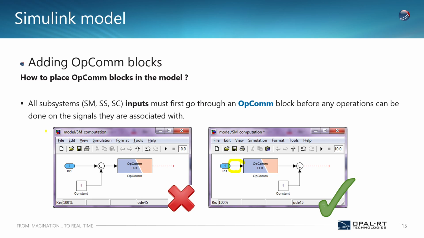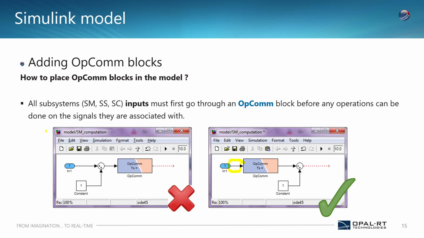For all subsystems, SM, SS, SC, I think you have an idea about this. If you don't, you can check my video on my channel; I have a detailed video on the naming of subsystems, how you should name subsystems for real-time modeling.